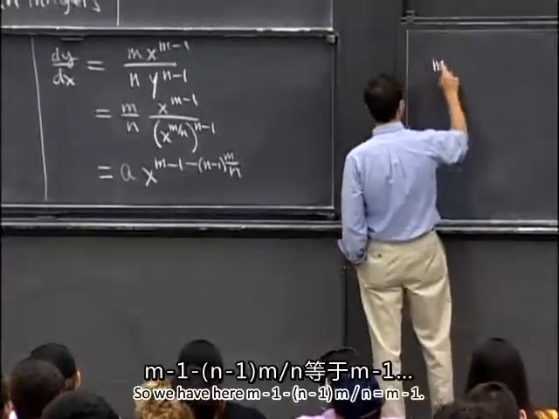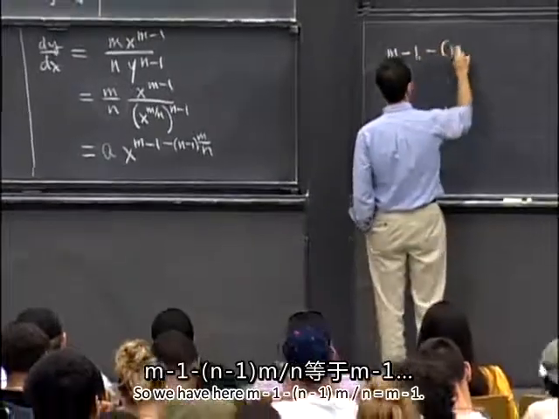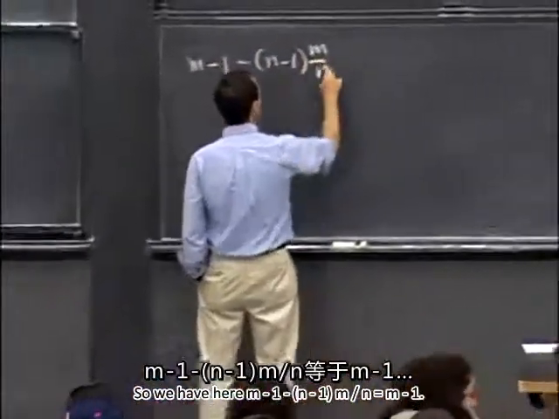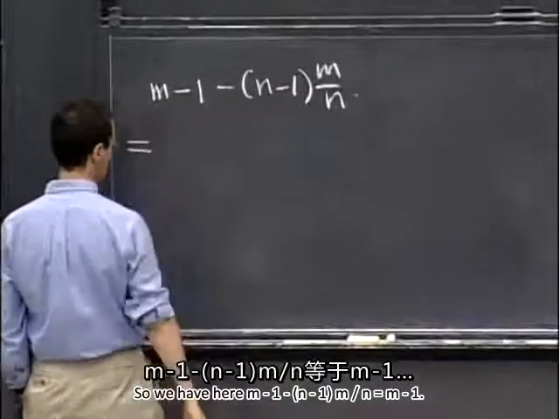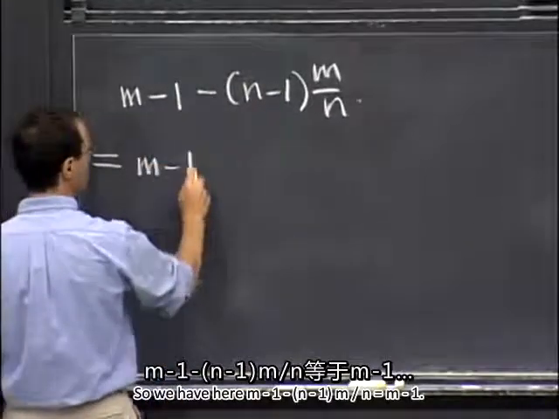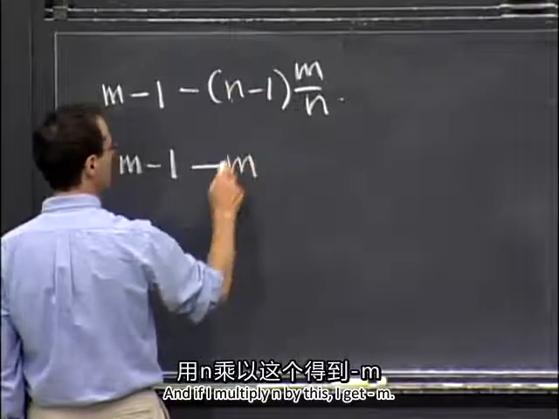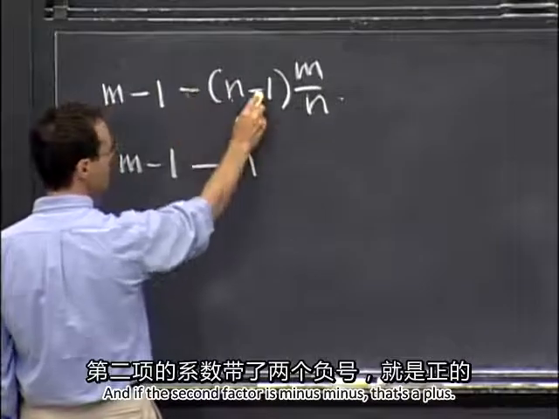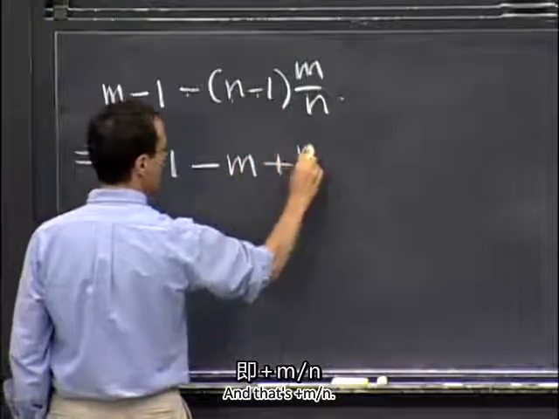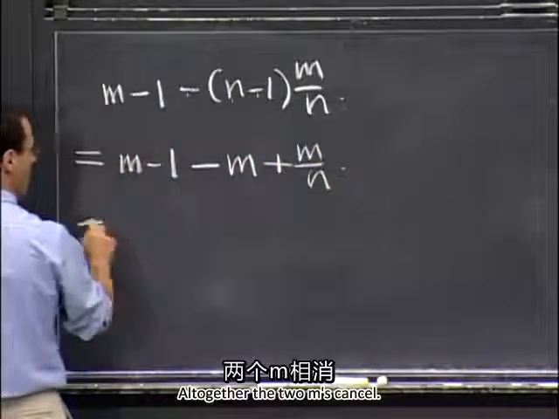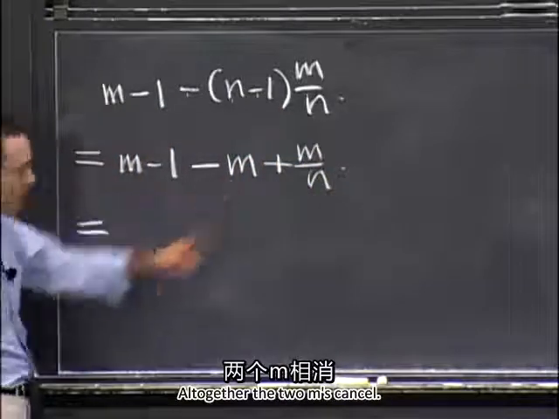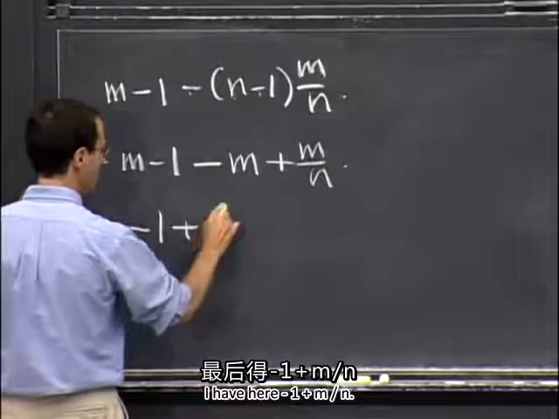So we have here m minus 1 minus n minus 1 times m over n, which is equal to m minus 1. And if I multiply n by this, I get minus m. And if the second factor is a minus, that's a plus. And so it's plus m over n. So altogether, the two m's cancel, and I have here minus 1 plus m over n.